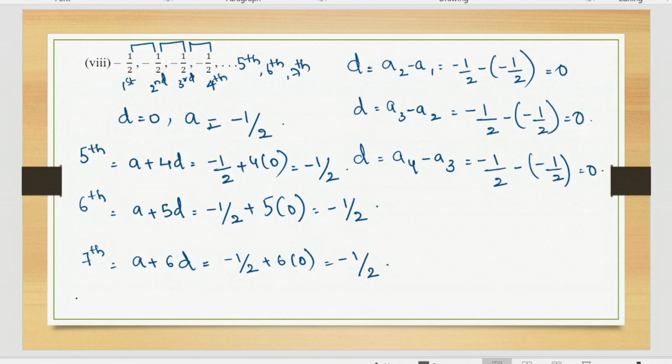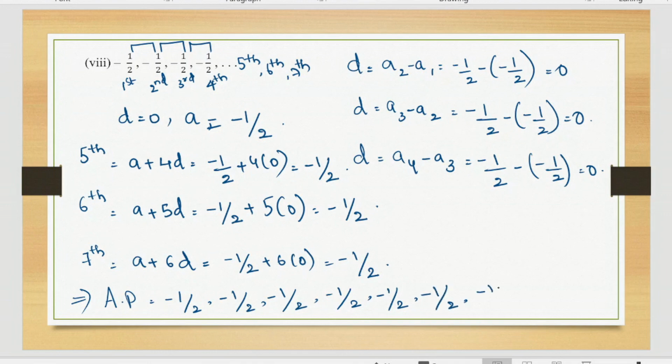Okay. So, therefore, the AP will be minus 1 by 2, minus 1 by 2, minus 1 by 2, minus 1 by 2, minus 1 by 2 is the fifth term, this is the sixth term, and this is the seventh term. Clear? See, if the common difference is 0, okay, you will get the constant AP.